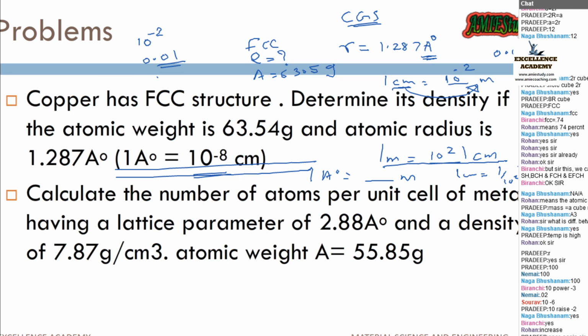In the case of meter to centimeter, that is from higher to lower, the zeros are added after the number, like 100. That means the value will be high if you convert from higher to lower, and the value will be less if you convert from lower to higher. You can see that 10 raised to minus 2 is a lower value. Similarly, the question is, please convert this 1 angstrom into meter.